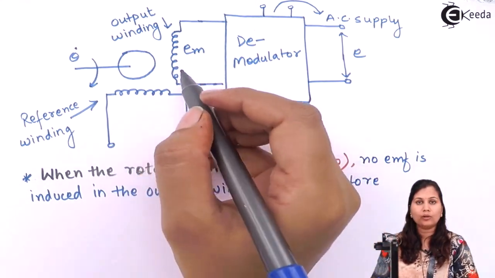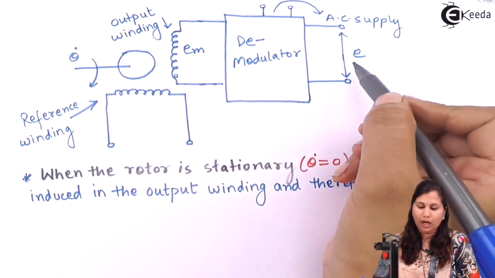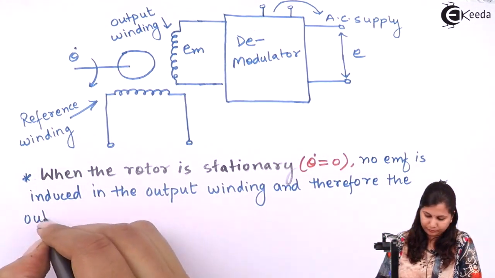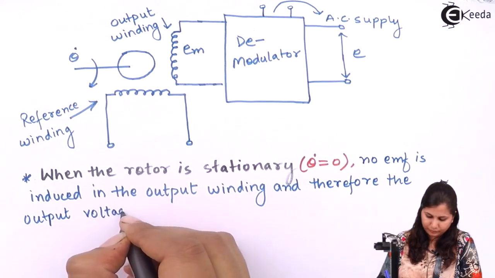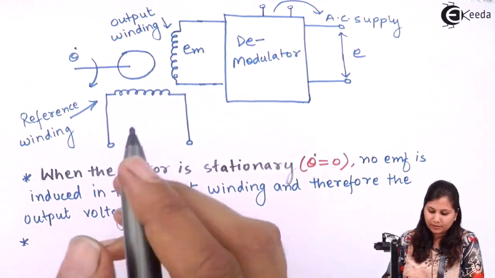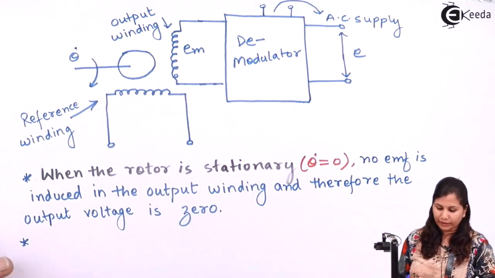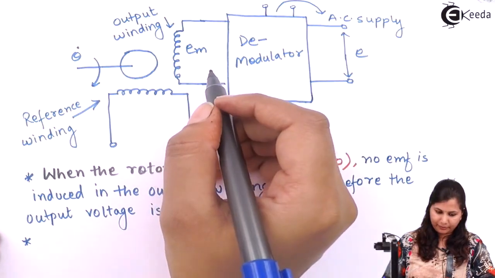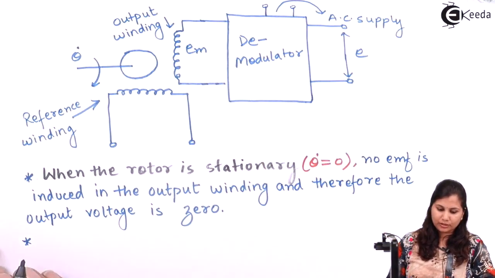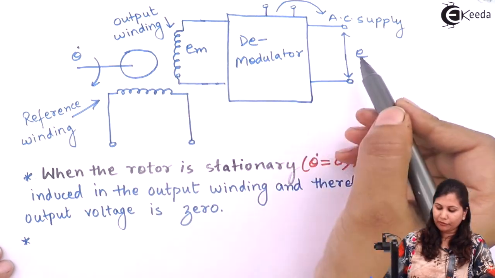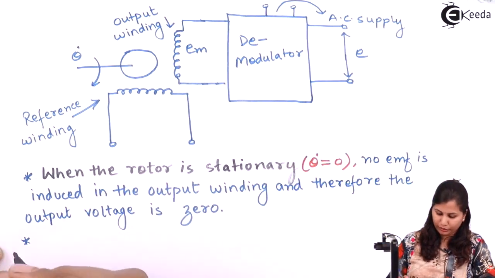And as no EMF is induced, the output voltage will be 0.